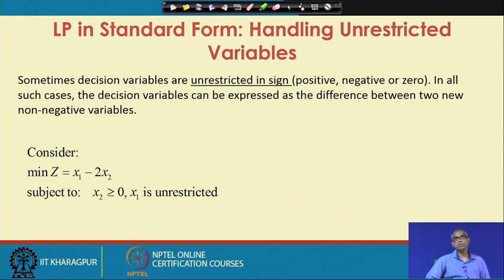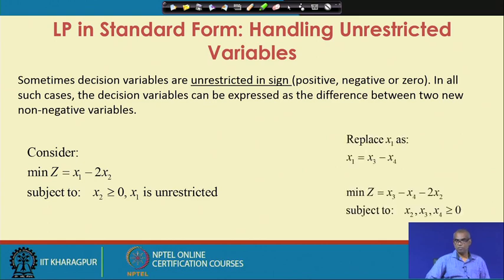What I have to do is first express x 1 as a difference of two new non-negative variables. So, I introduce two new non-negative variables x 3 and x 4 and replace x 1 as x 3 minus x 4.